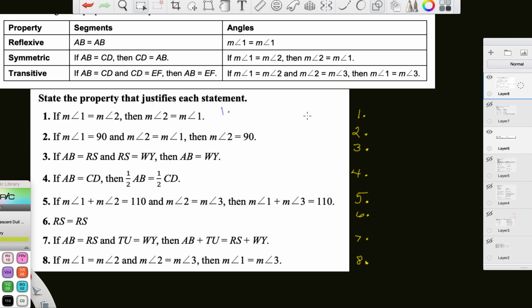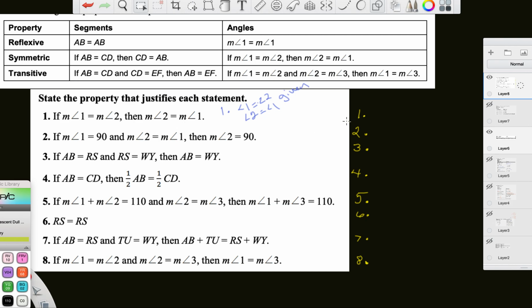I don't have enough space over here, so I'm going to do some of the work over here. We'd say angle 1 is equal to angle 2, given. And then I'd say angle 2 is equal to angle 1.